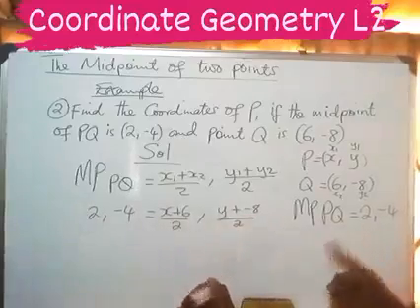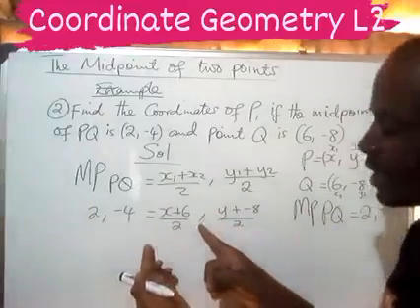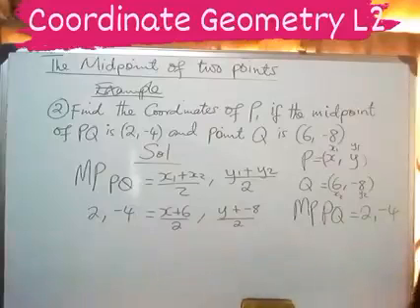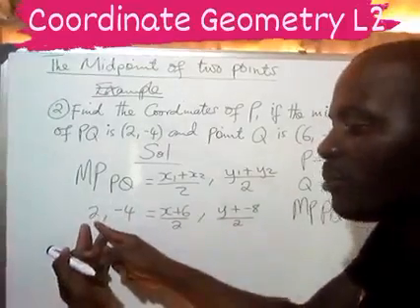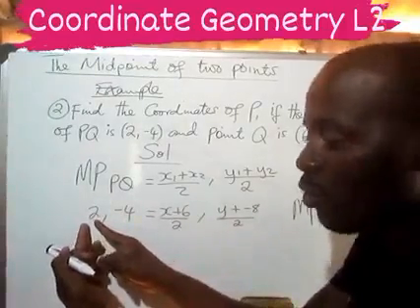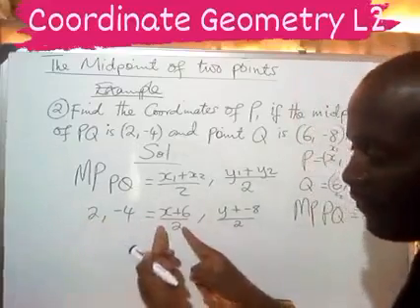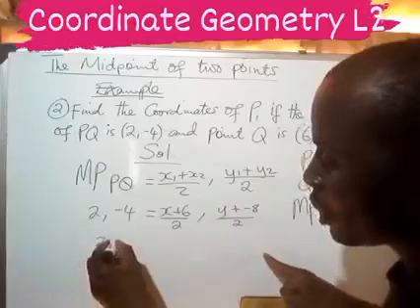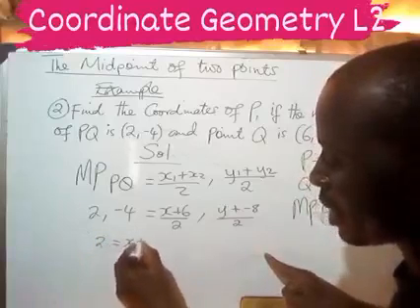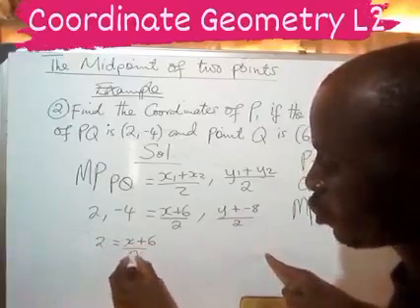We can't add x plus 6, because the two are not like terms. So we are going to equate, because this 2 is the value of x. We'll say 2 is equal to x plus 6 over 2.